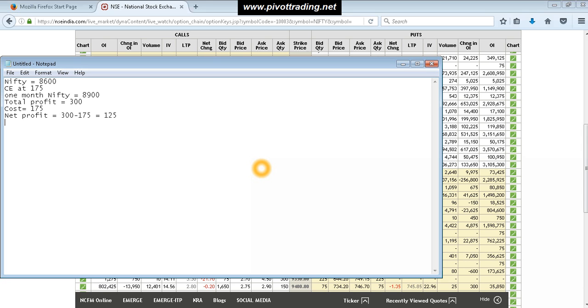Now let's say Nifty does not go to 8900. Nifty goes only till 8800 after 1 month. So, case 2, Nifty reaches 8800 after 1 month.